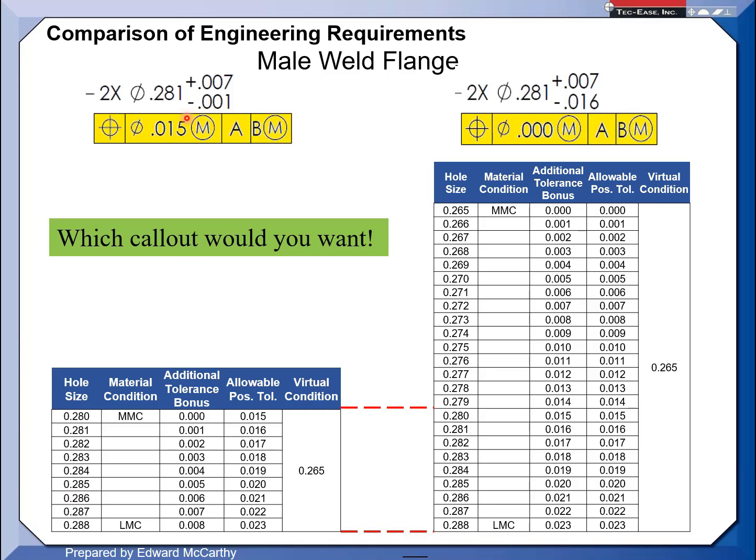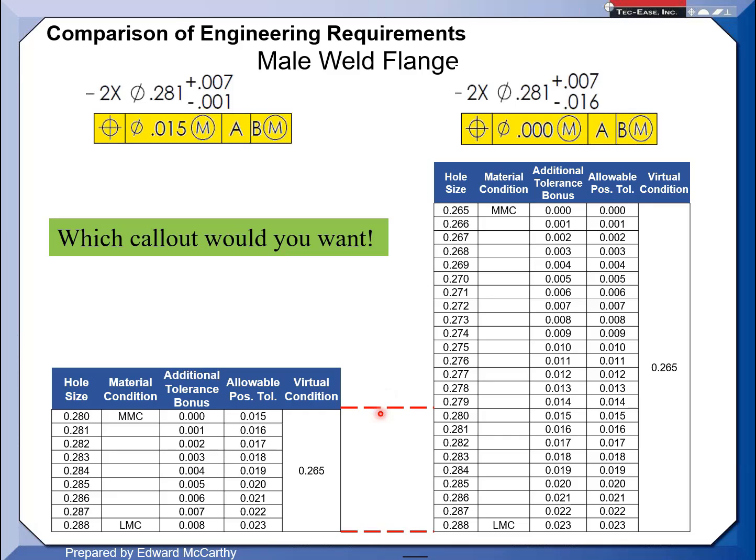Now, if I didn't have this M modifier here, there would be no additional tolerance, and no matter what size they made the hole, manufacturing would only be allowed up to what was stated in the feature control frame, in this case the 15,000s. So here we're just stepping through showing how to derive the additional tolerance and what the new geometric tolerance would be based on that given hole size.